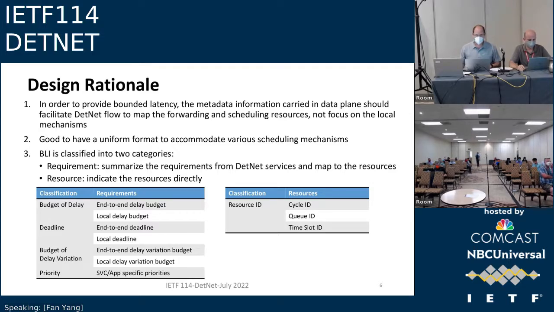The requirement category summarizes the requirements from the DetNet services, and the equipment will use this requirement information to map to the resources. And the resource category is more straightforward. It indicates the local resources directly.